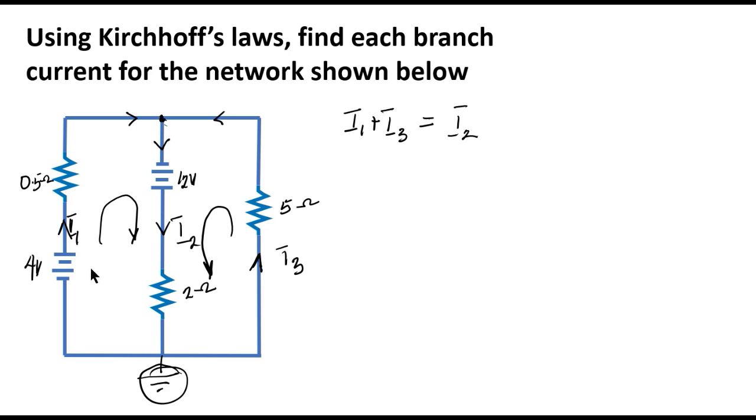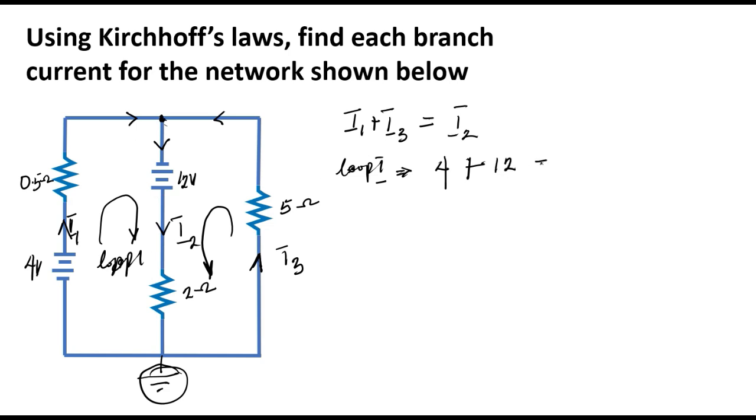Now, for my first loop, here's loop 1. For my loop 1, I can deduce that the algebraic sum of the voltages, that is the 4 volts plus the 12 volts. Now, why am I adding them together? If you look at it this way, I have my positive here, then here is a negative, so that my current should flow this way and is in line with this loop.